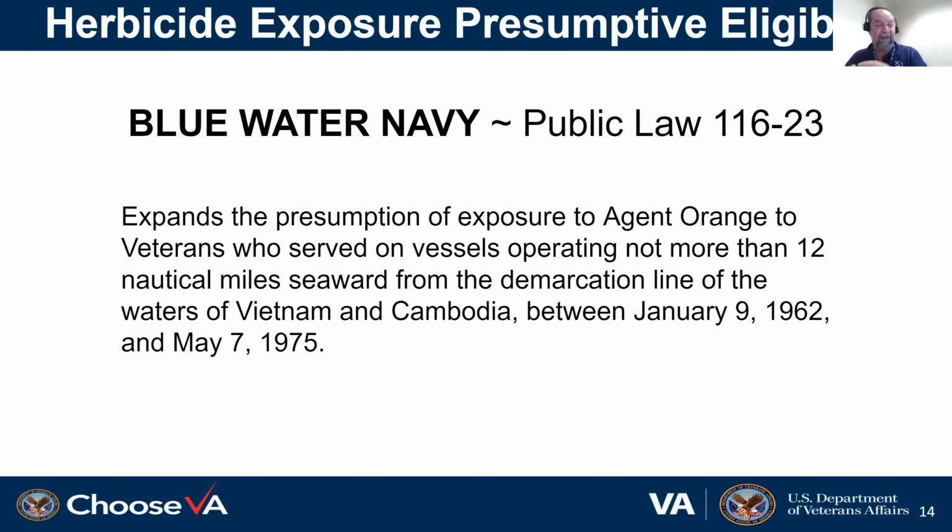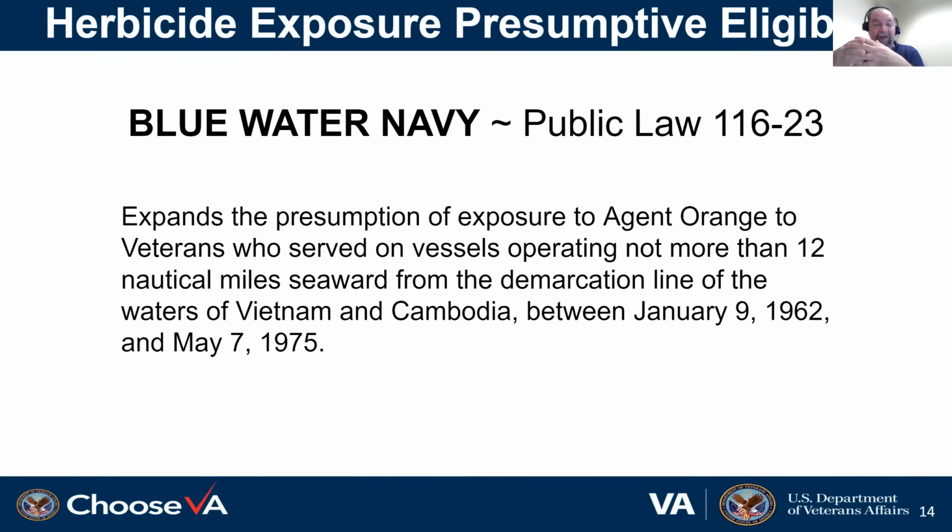There are two variables as far as the Navy is concerned. One is referred to as brown water Navy, which are the inland waters, and the second is blue water Navy, which is the ocean waters, the Gulf of Tonkin, 12 miles off the coast of Vietnam and Cambodia.